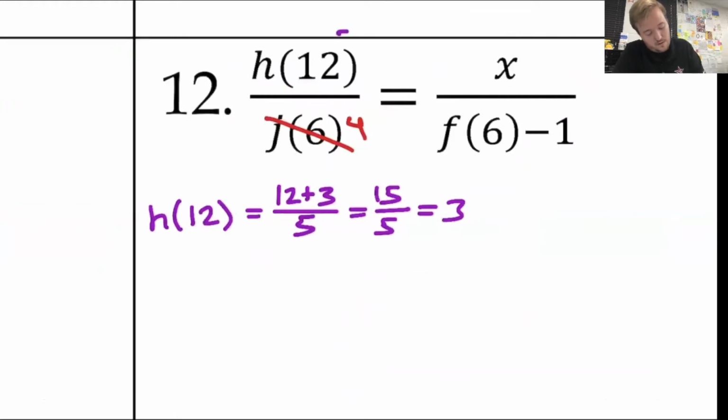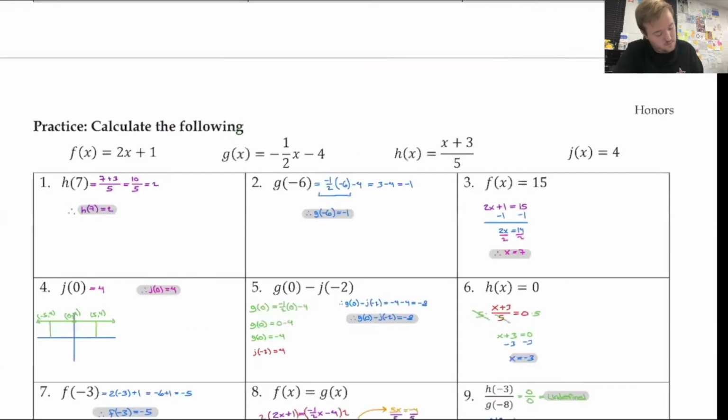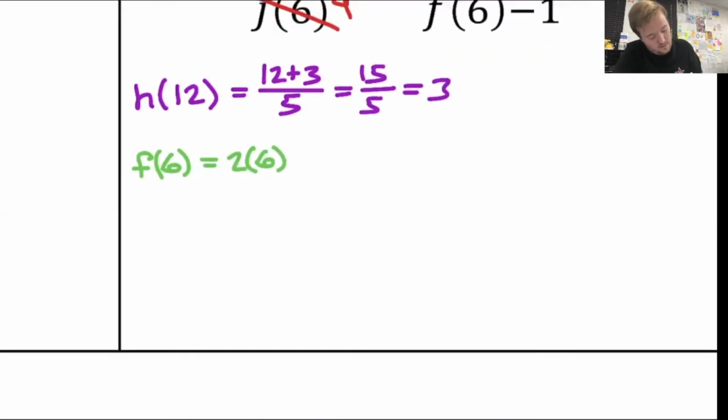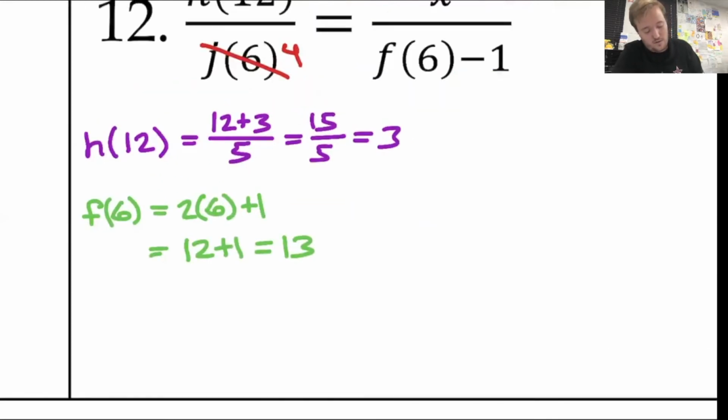So this is 3. So now we just have to find f of 6. So f of 6 is equal to 2 times 6. Is it plus 1 or minus 1? Plus 1, which is 12 plus 1, which is 13. However, we want to take 1 away, so this is actually 12.